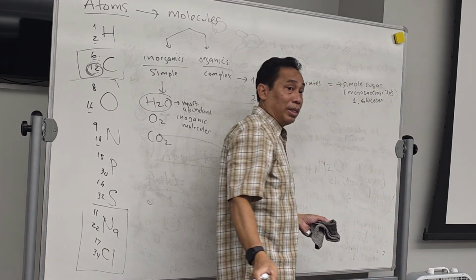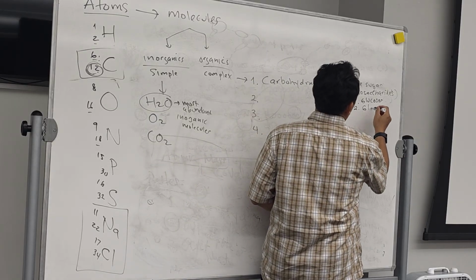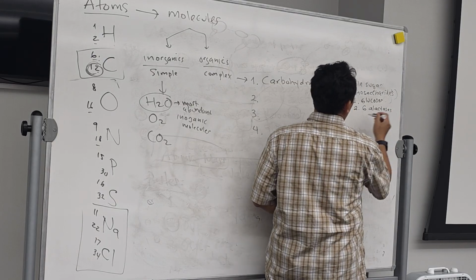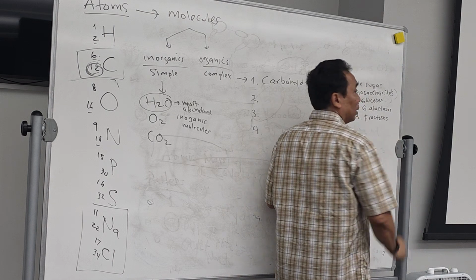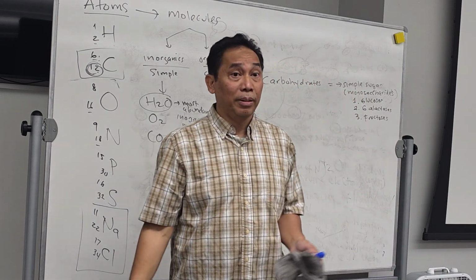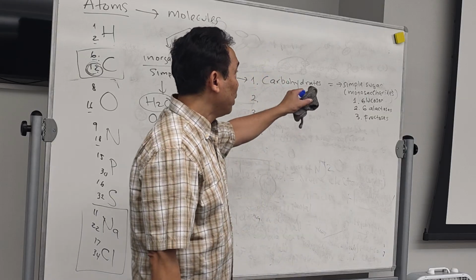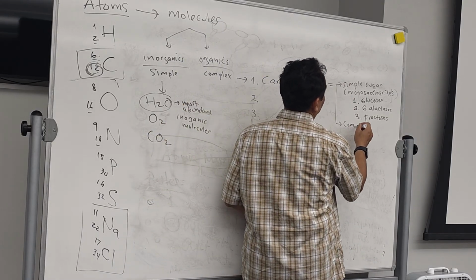We have a lot of glucose. We also have galactose and fructose. These are monosaccharides, simple molecules, simple sugar. We also have complex sugar.